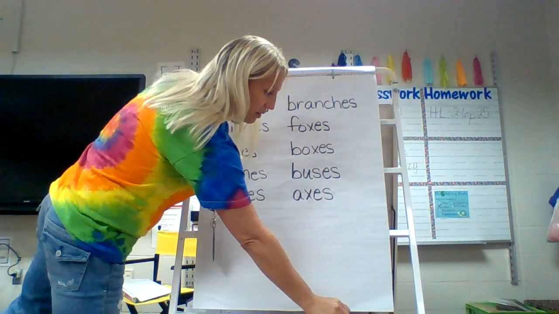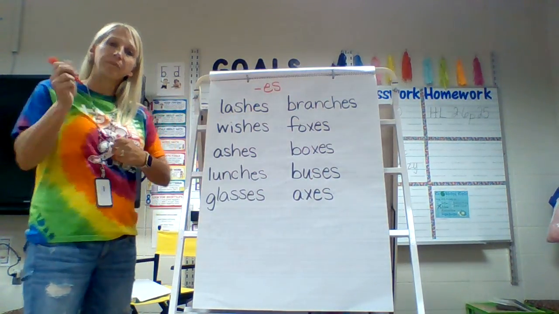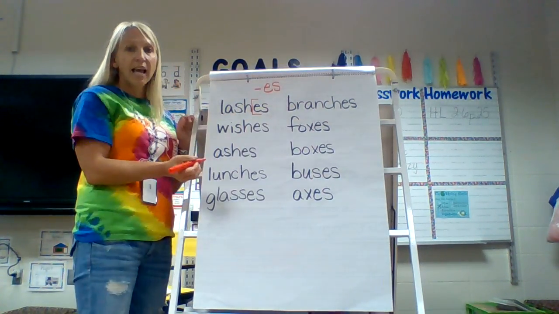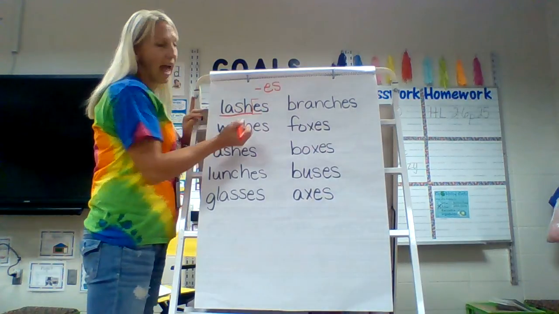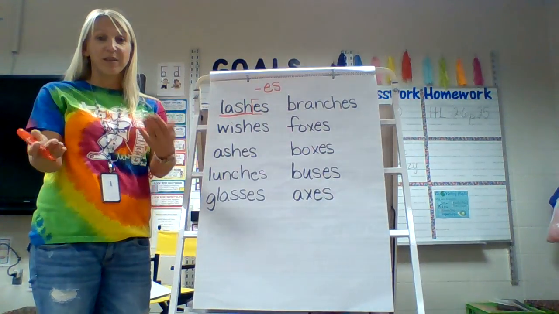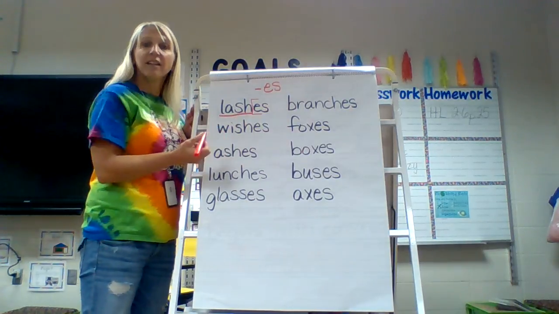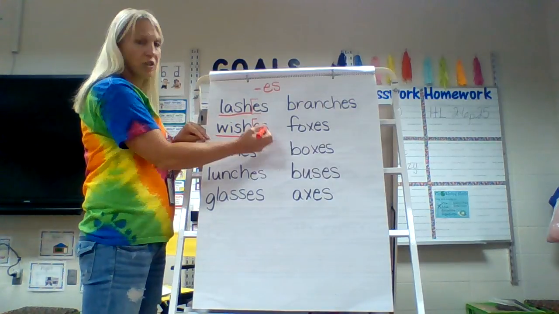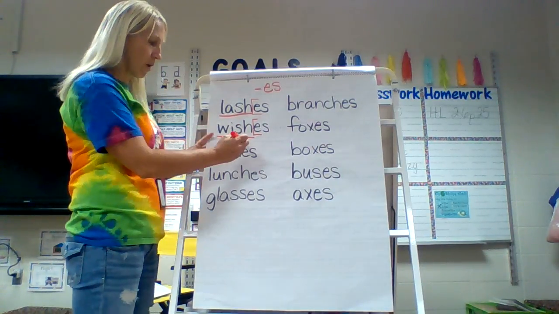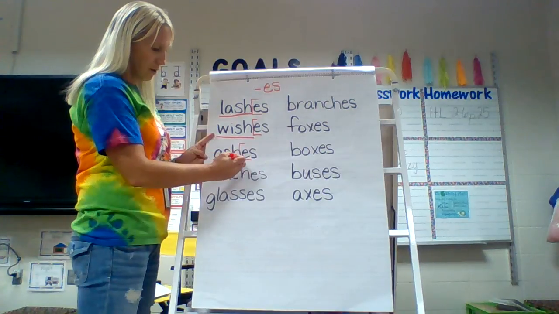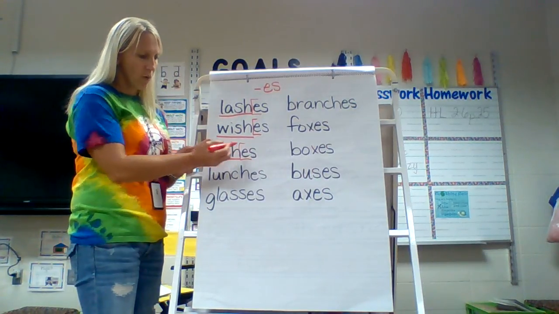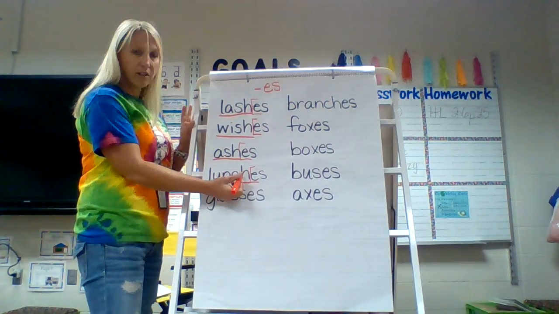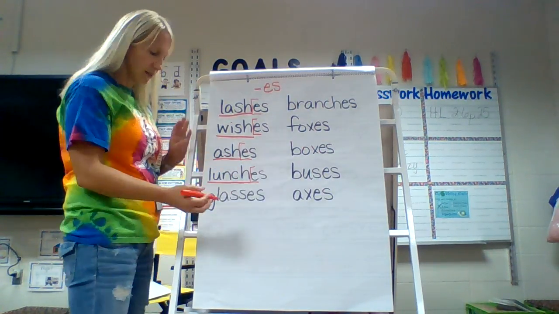So if we take a look at some of our words up here, I'm going to look for that suffix and I see es. That root word is lash. That's one of the letters. We said lashes, more than one lash. Wishes, more than one wish. Ashes, more than one ash. Lunch is lunches.